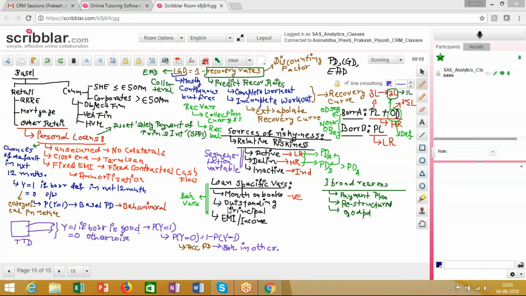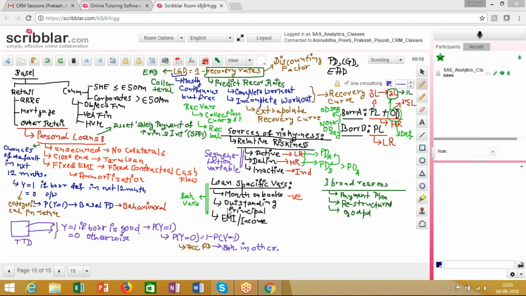So Basel models, or any such regulations of this type, what they try to look into is, when I'm computing the expected loss, they're not concerned about the borrower at the origination. What they want to know is what are the chances that this borrower might default in the next 12 months, because I'll be setting aside capital in the next 12 months. So therefore, they try to assess what are the chances the borrower might default in the next 12 months.